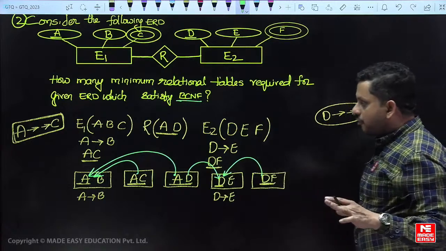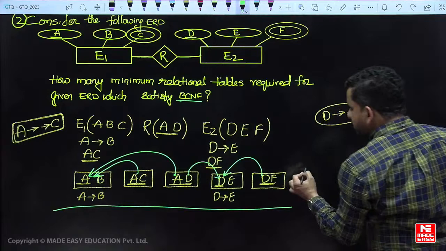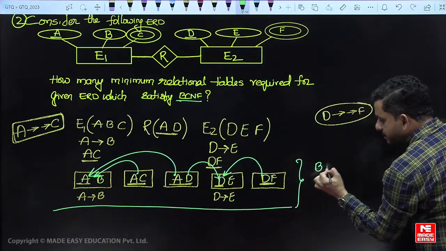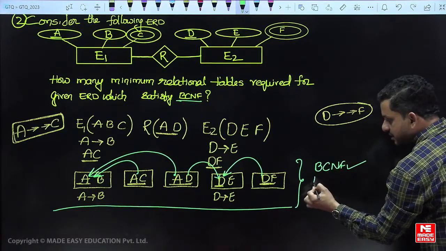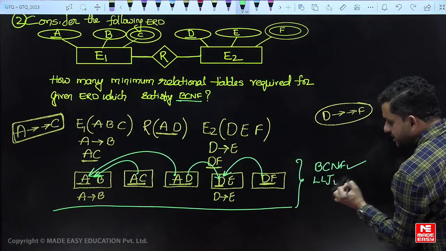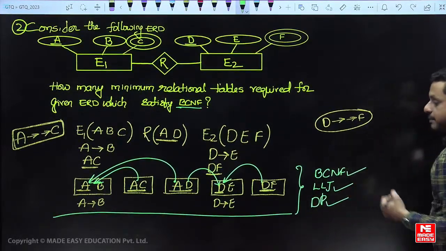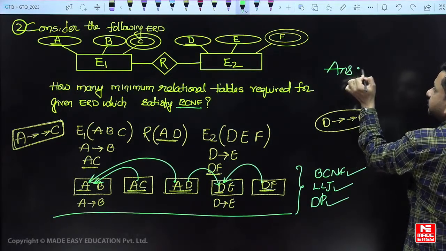Anyhow, the number of foreign keys is not the question, but the total number of relations. So a total of 5 relations are required. Now this decomposition satisfies BCNF, as well as lossless join, and dependency preservation is also satisfied. So a total of 5 relational tables are required.